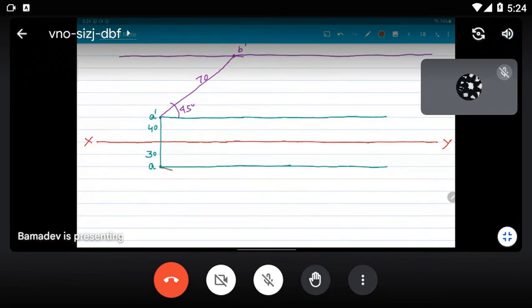So draw 30 degree and extend this line taking a length of 70. And this is say D1. Right? Then draw a parallel line.